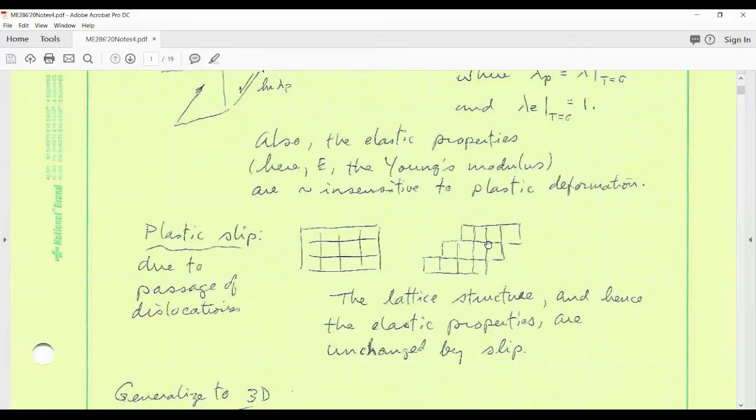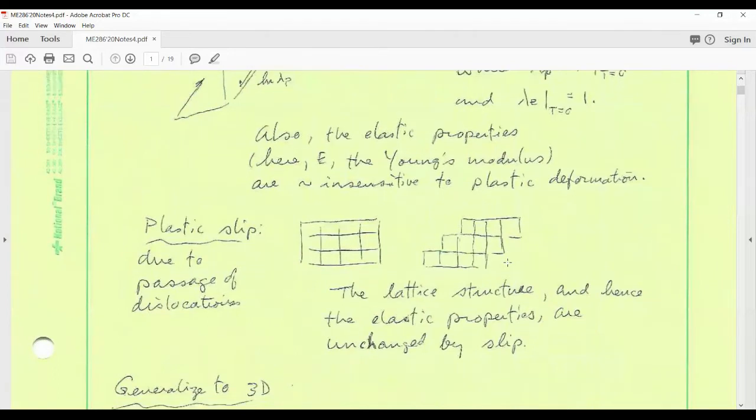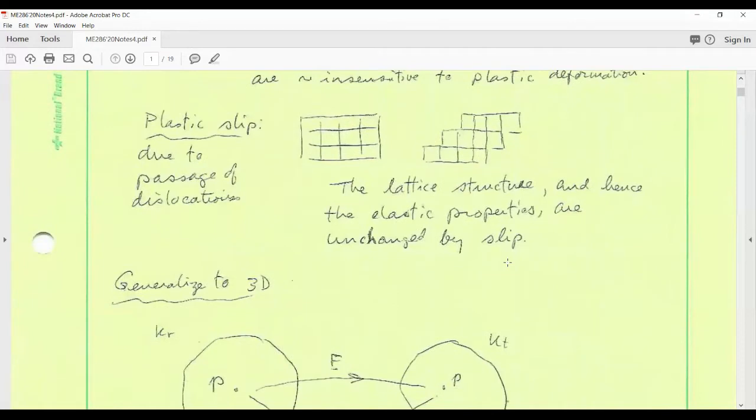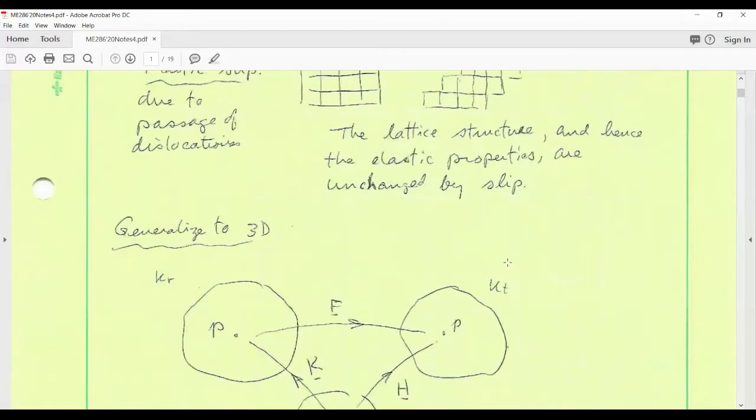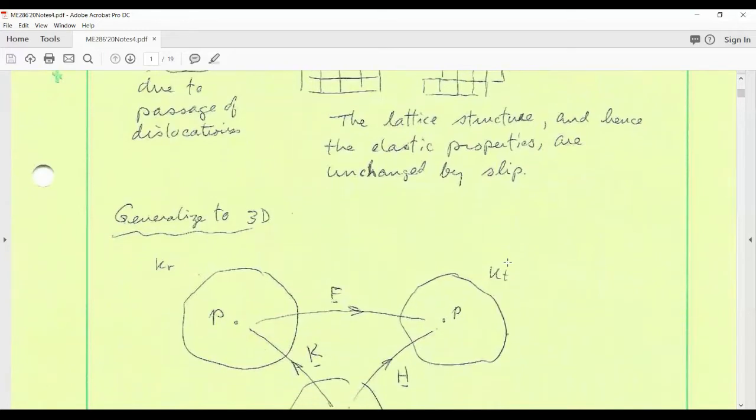So a cube remains a cube and so on. And for that reason, the elastic properties, which are encoded in the lattice structure, are also very nearly insensitive to plastic deformation. So we will embed these observations into the formulation of the theory.